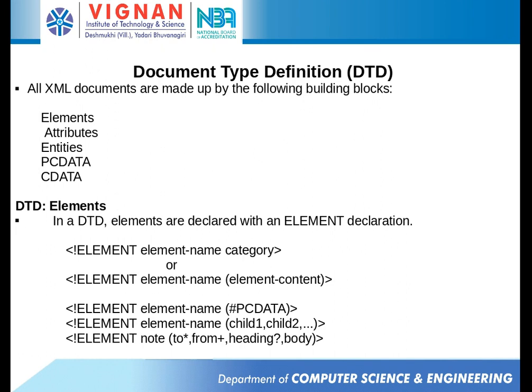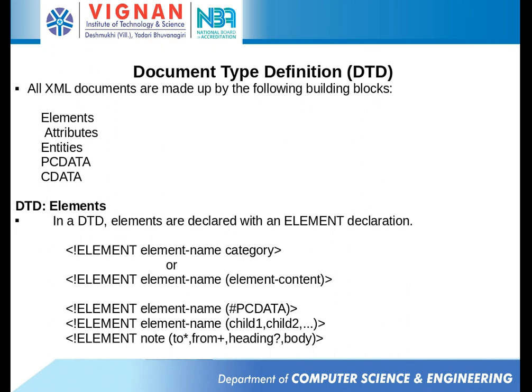An element is specified using the ELEMENT tag. All the rules start with an exclamation mark, indicating they are not normal tags but control tags. The ELEMENT tag is followed by the name of the element, followed by its category.